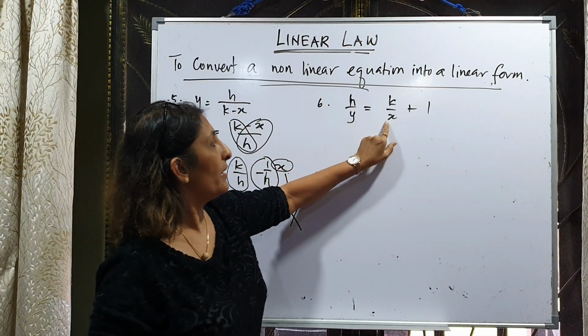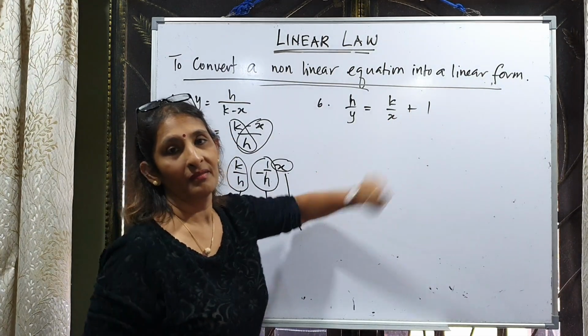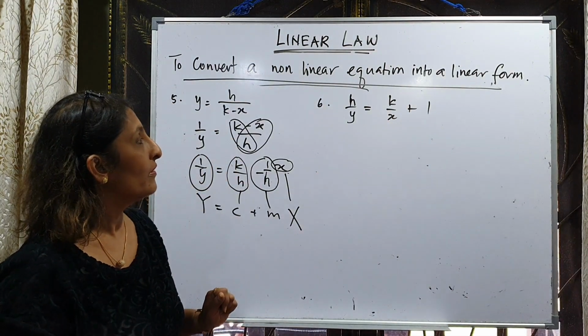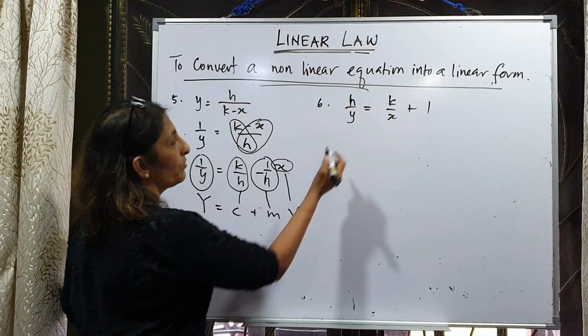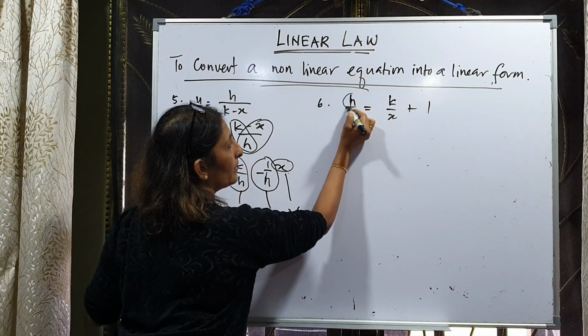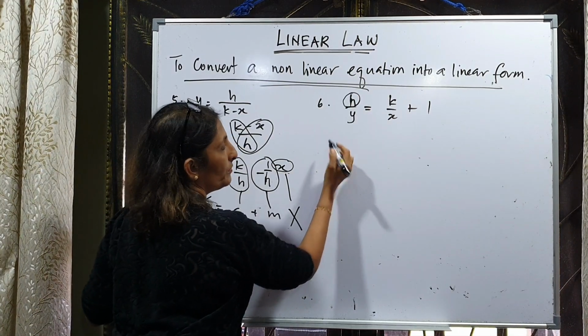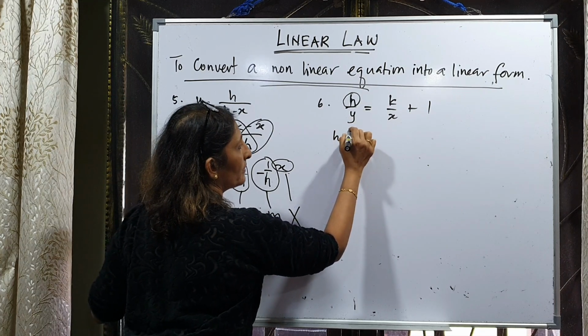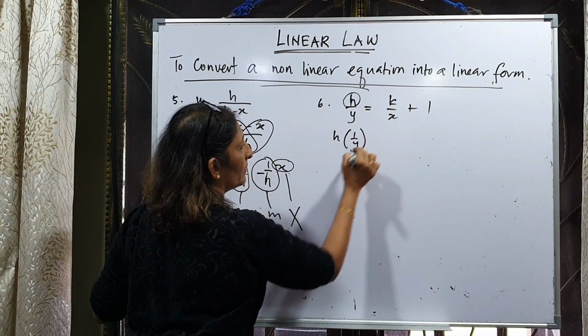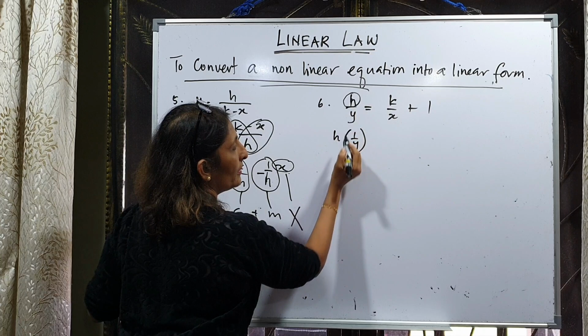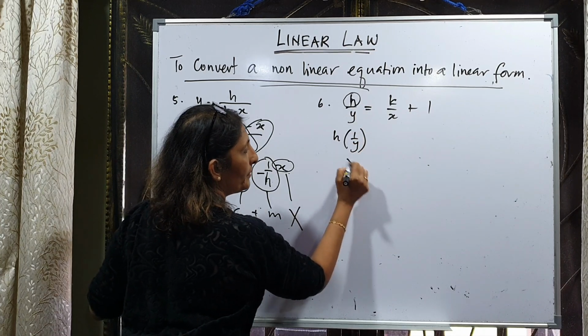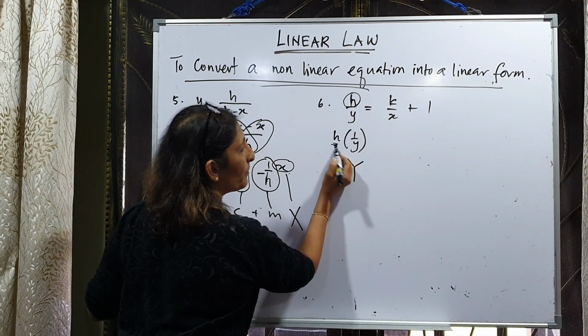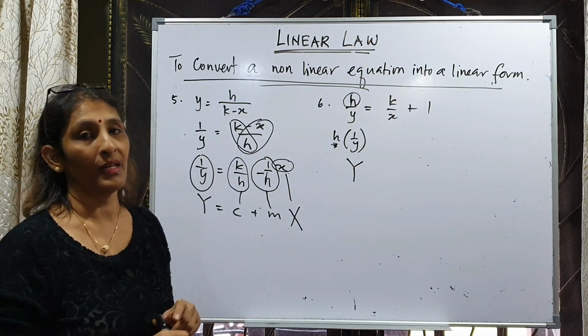Can or not? Something is wrong. Remember, in front of y, you cannot have a number. So this number is not supposed to be there. I bring the h in front. It's actually like this, and capital Y cannot have a number in front.